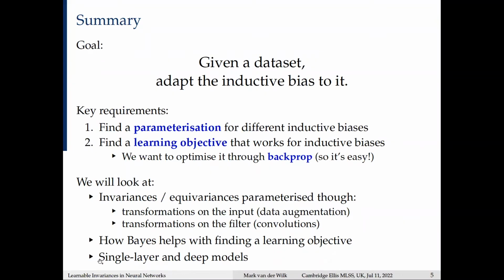So I think single layer models are often a very good illustration of the key properties that we're researching. But I also want to talk a bit about some research that I've done together with some collaborators on applying these ideas in deep models as well, because the ultimate goal is to do this well for deep neural networks and try and make things easier for deep learning practitioners.